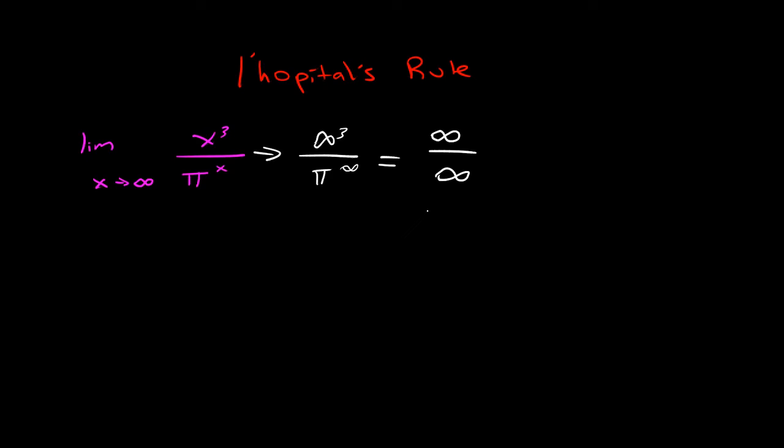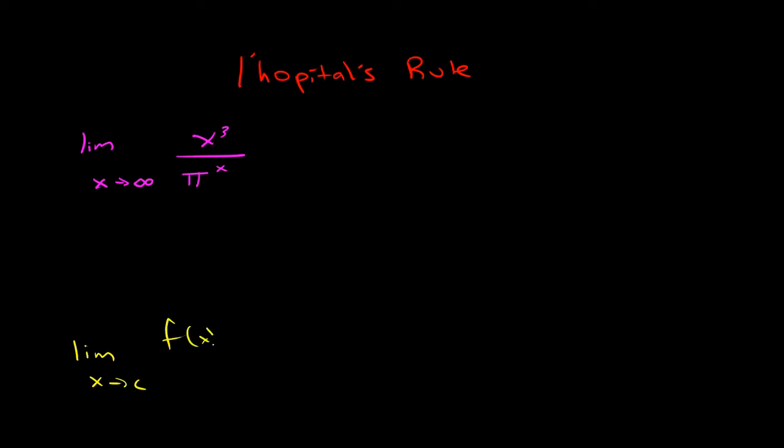Let's rewind a little. So here we have our limit, and we're going to use L'Hopital's rule. What L'Hopital's rule says is, you have the limit lim x approaches c of some function f of x over g of x. And if we use direct substitution, f of c over g of c, this becomes an indeterminate, infinity over infinity or 0 over 0.